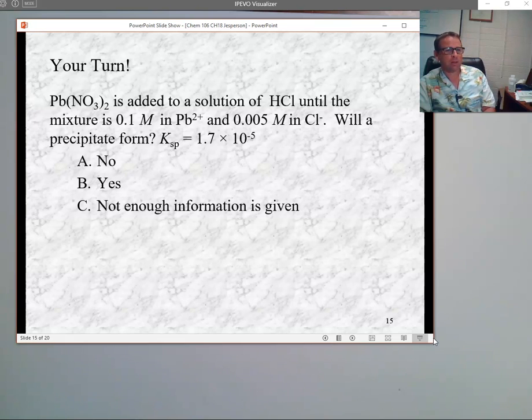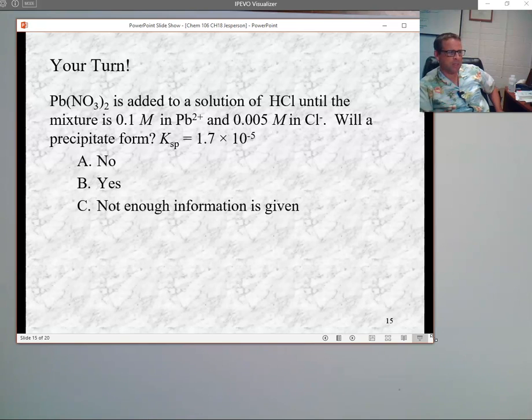We're given the KSP for lead chloride, 1.7 times 10 to the minus 5. What we need to do here is identify the current Q for the formation of lead chloride.